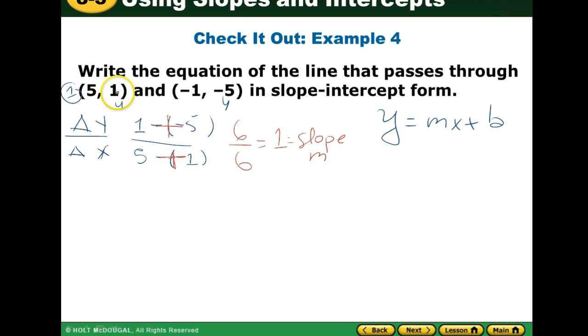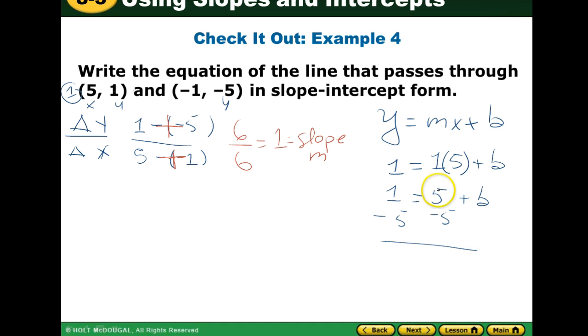So y in this case is 1, equal, my slope is 1 also, and x happens to be 5, so times 5, plus b. 5 times 1 is 5 plus b, and now we subtract 5 on both sides, and 1 minus 5 will be negative 4.